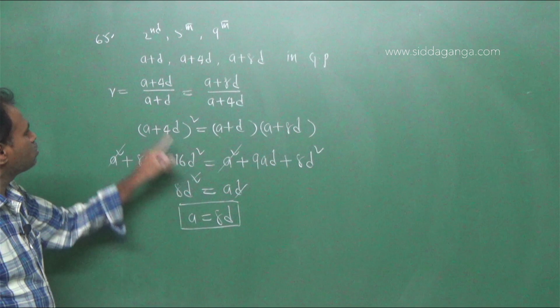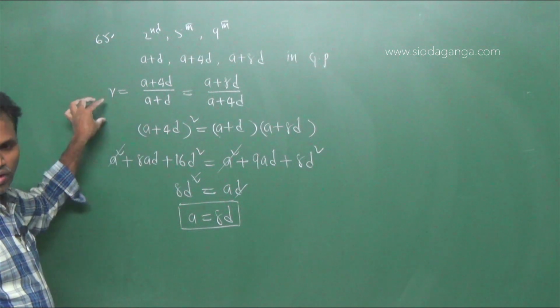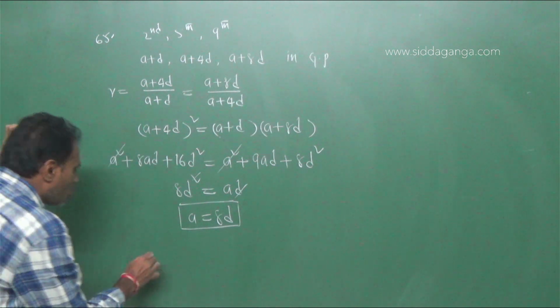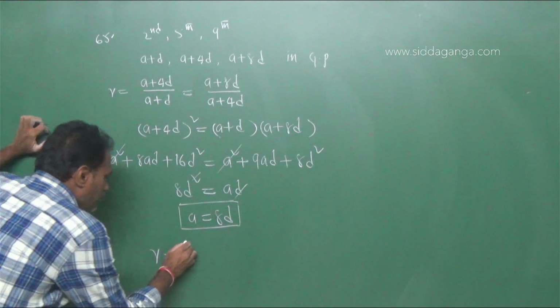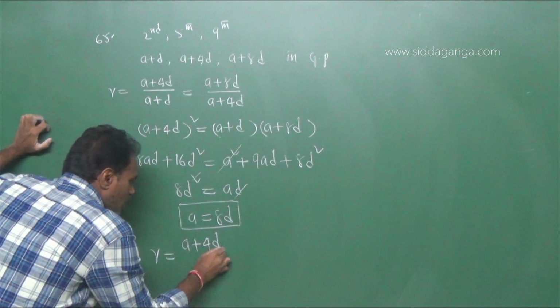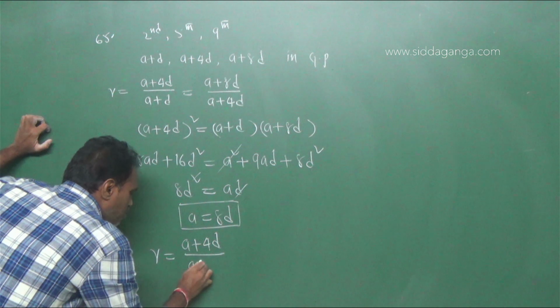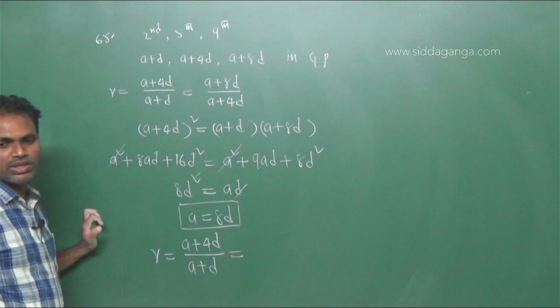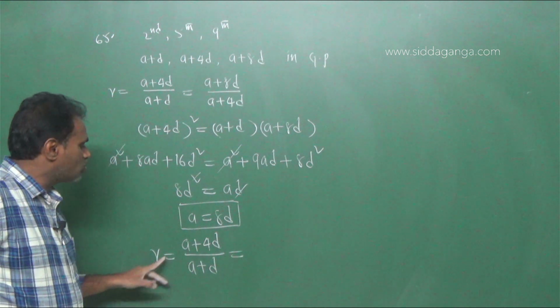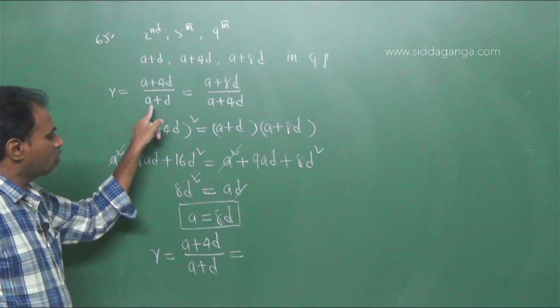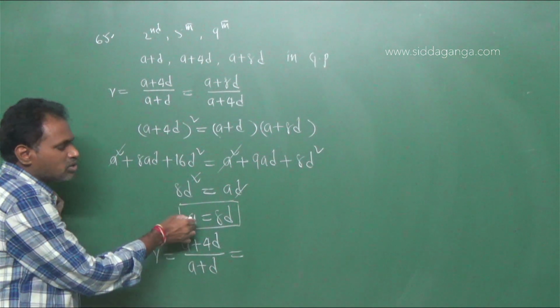Now substitute the a value in r; we have to find the common ratio. Therefore, r equal to a plus 4d divided by a plus d. Already we know a equal to 8d.